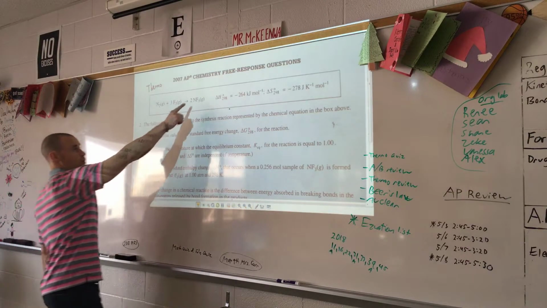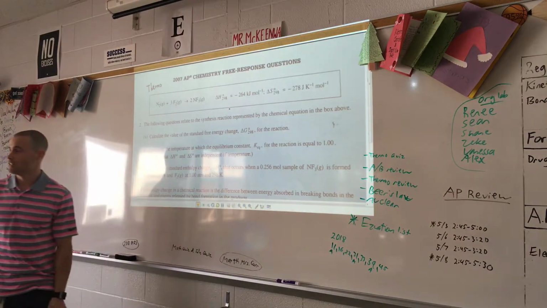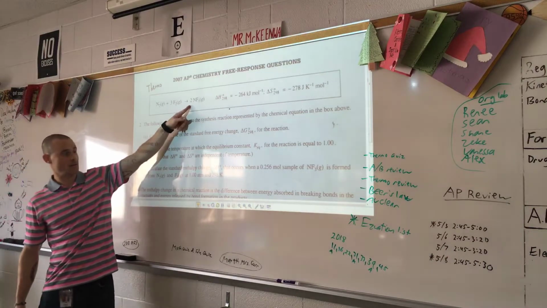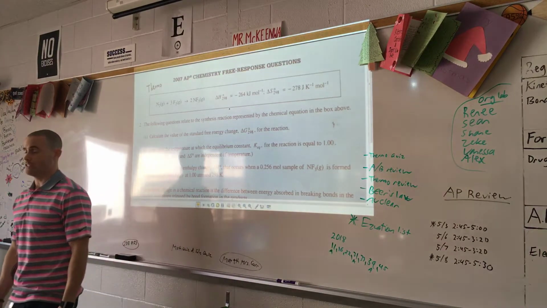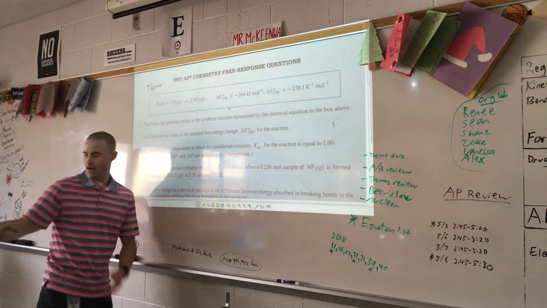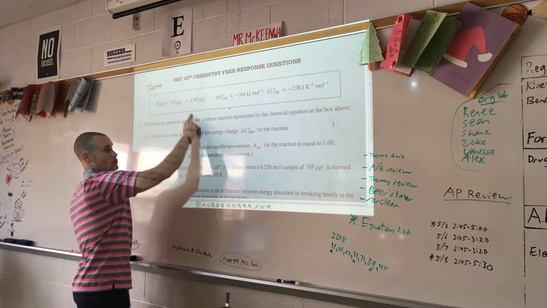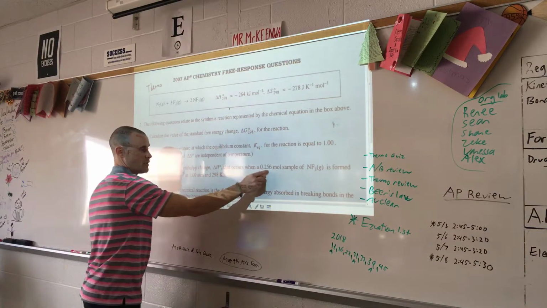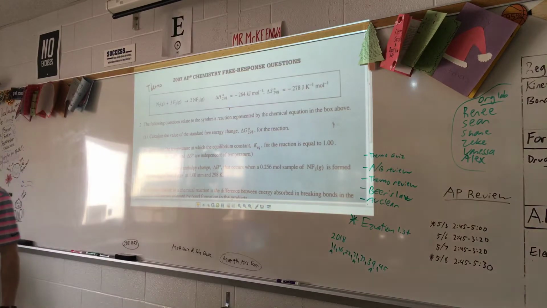So when you form 2 moles of NF3, that's how many kilojoules per mole are being released. We don't have 2 moles of that. How many moles do we have? 1, 2, 3. So it's a proportion, 1.256. Again, I don't have the answer key, but this one we can figure out pretty straightforward. If 2 moles releases this much, 0.256 releases how much? All right, so you guys can all do that.